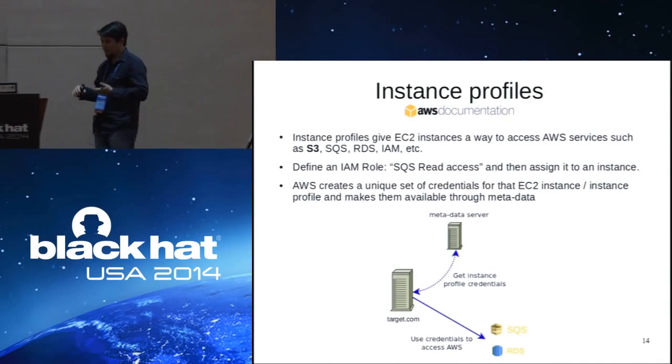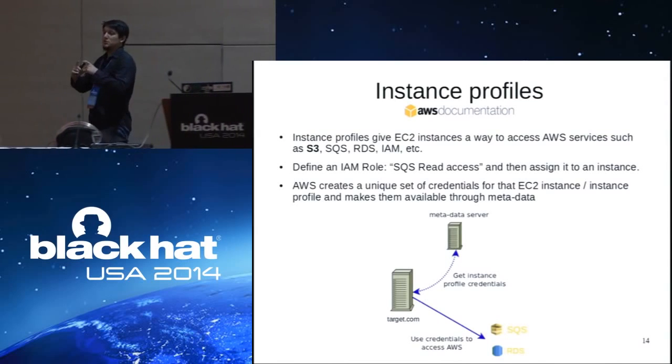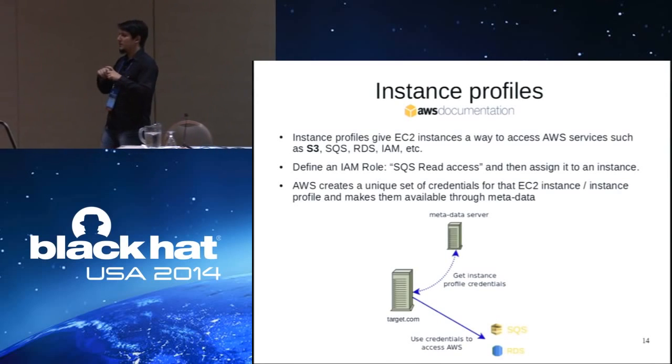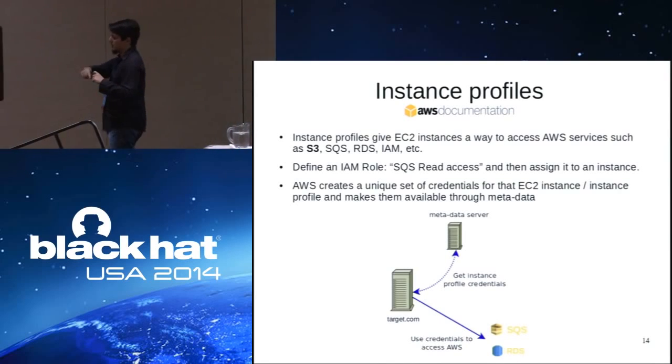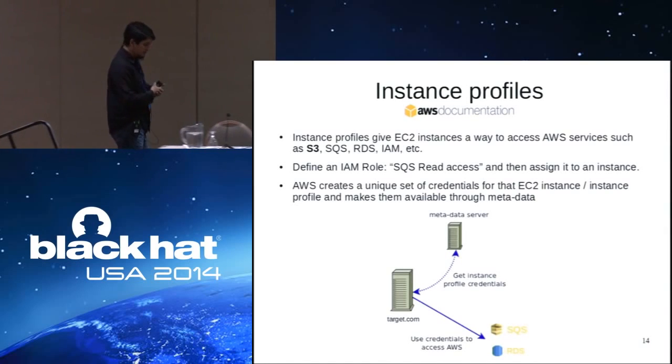If you use Python, you're going to use Boto. So those libraries running in that EC2 instance will know how to retrieve the credentials from the instance profile credentials from the instance metadata. They're going to simply know how to do it.